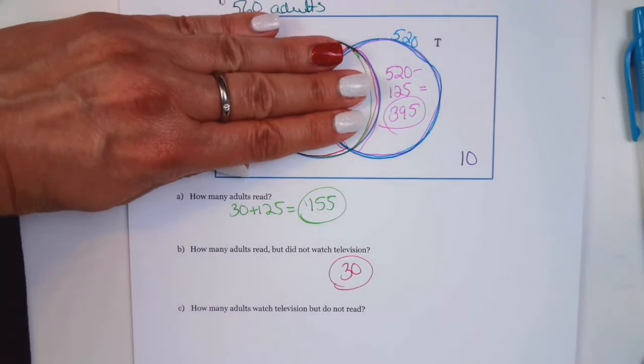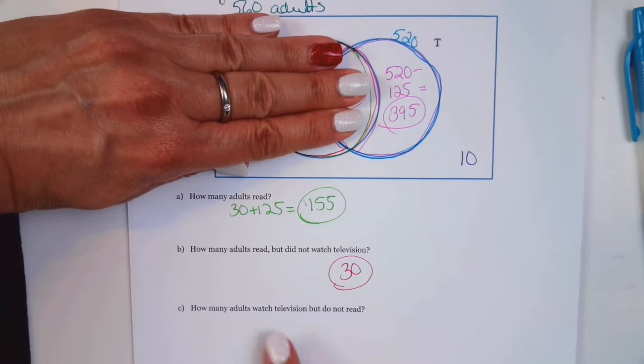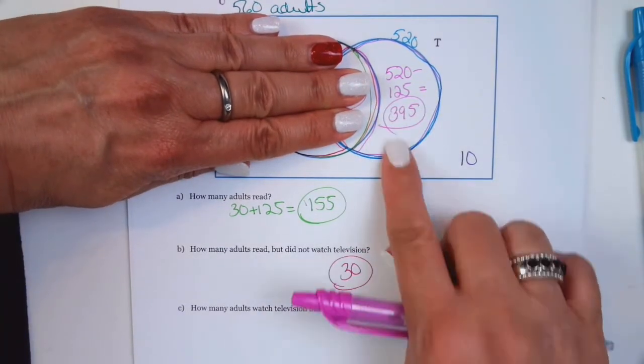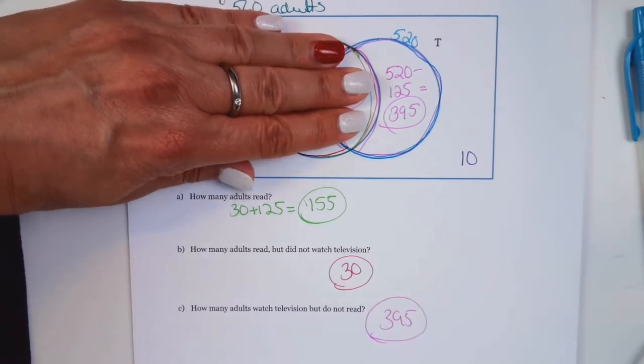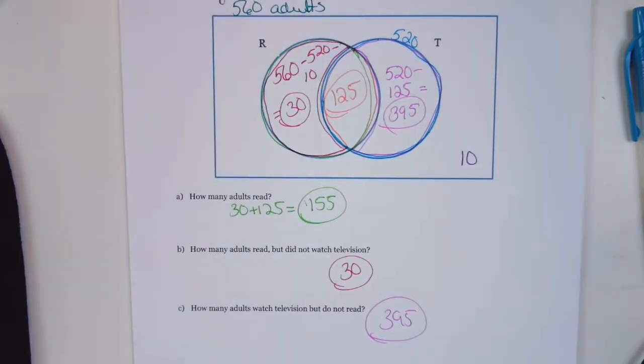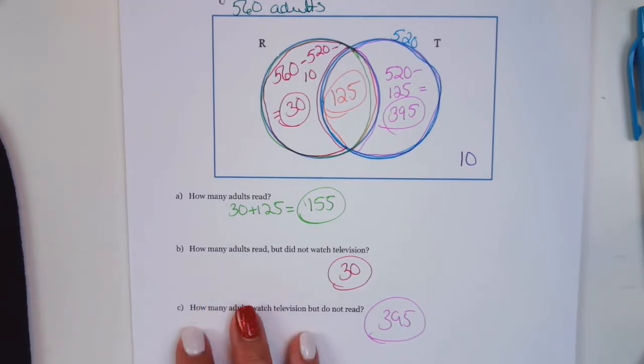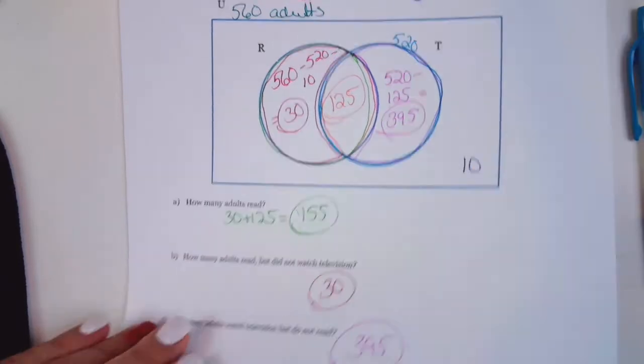So we take the ones that do not read but watch television. That number is this one here, which is 395. Okay, next page.